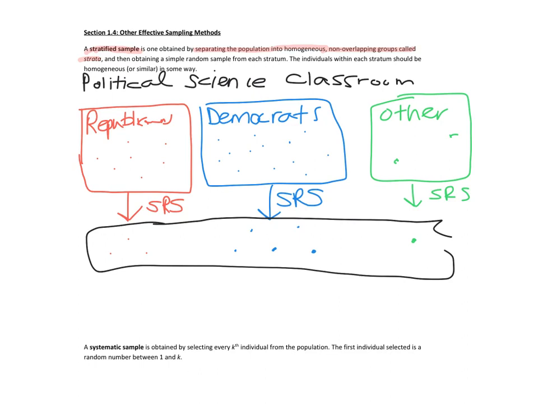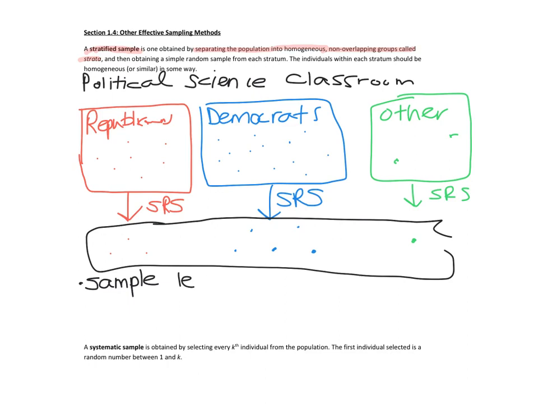Okay, so some pros of this is our sample size doesn't have to be as large, because all of our strata have similar opinions. So we don't actually need a whole bunch of Republicans because they're probably all going to have the same opinion about a political issue. We don't need as many Democrats in our sample because they're probably going to have the same opinion on a political issue.